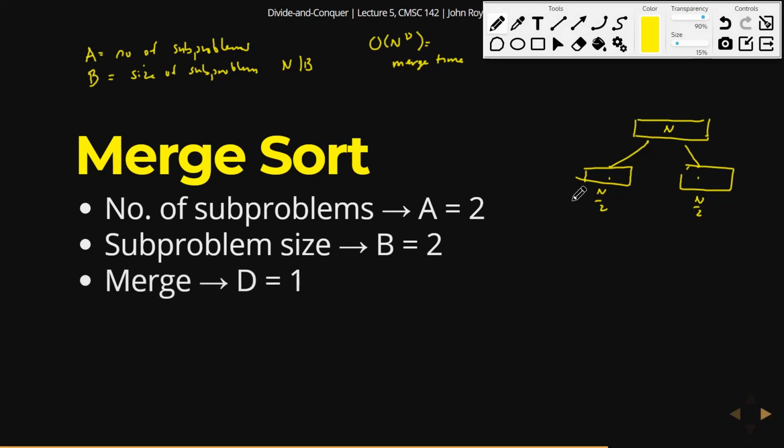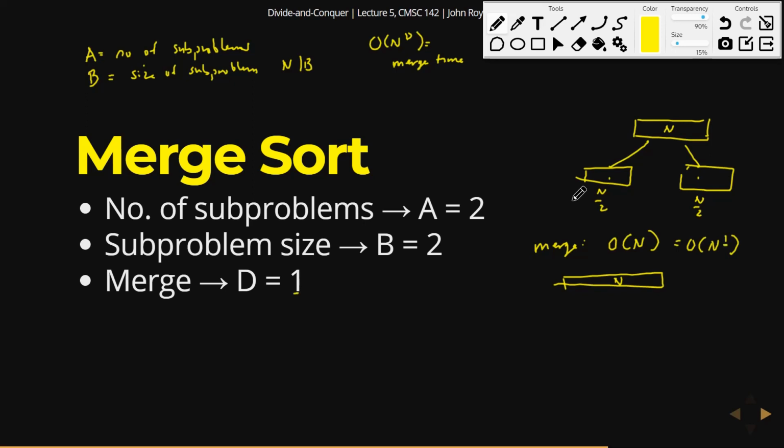And finally, the merge step of merge sort takes O of n, right? Because you are basically putting all items into the original array, so O of n. And O of n is just O of n raised to 1. So our d therefore is equal to 1.